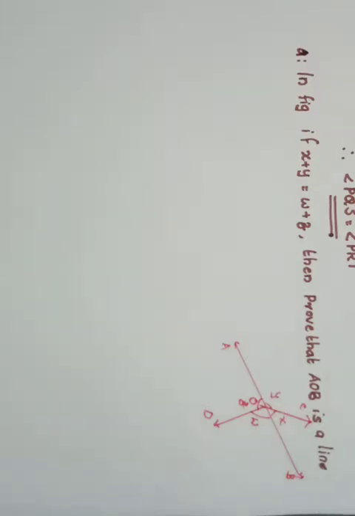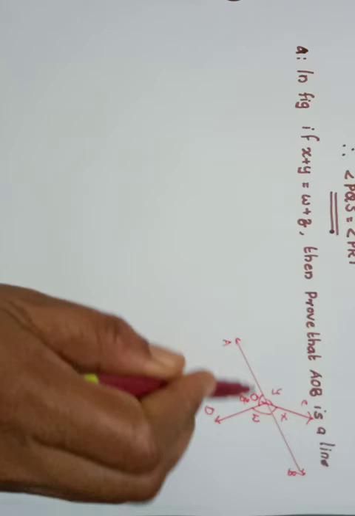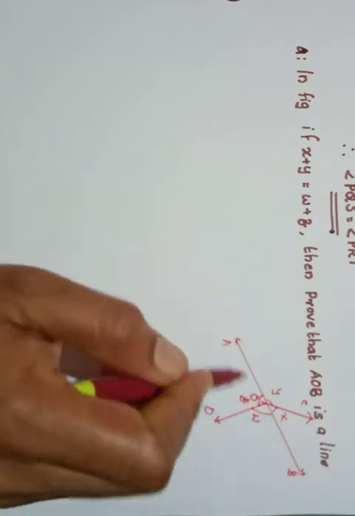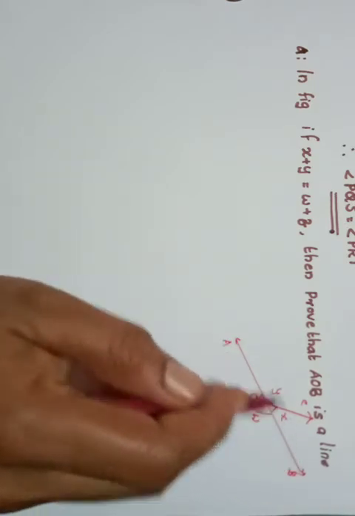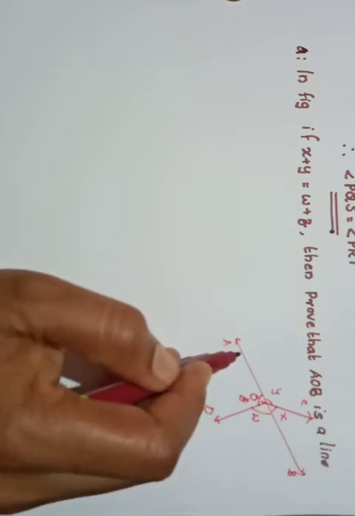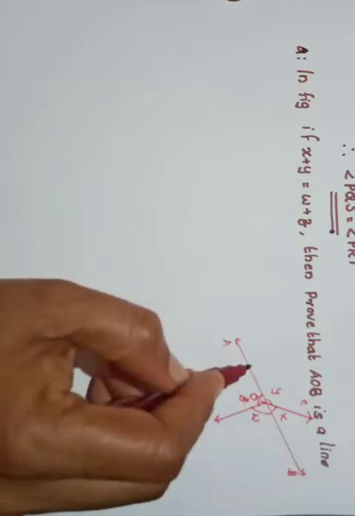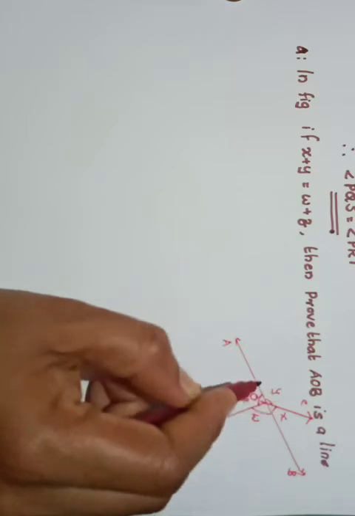So now listen, another question. In the figure, if x plus y equal to w plus z, then prove that AOB is a line. So instead of proving AOB is a line, can we prove angle AOB is equal to 180 degree?